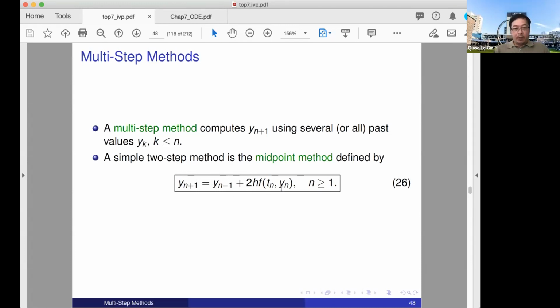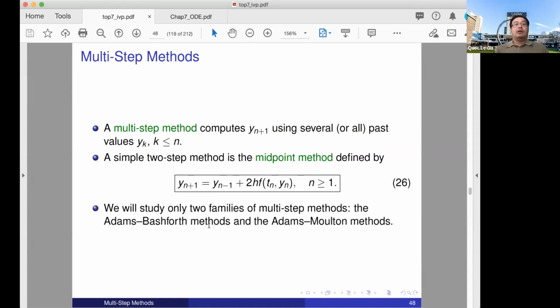It doesn't depend only on yn, but it depends on yn minus 1 as well. So we will study only two families of multi-step methods. AB, which stands for Adams-Bashforth methods, named after the mathematician who discovered them in the first place, or Adams-Moulton methods, so the AM methods.